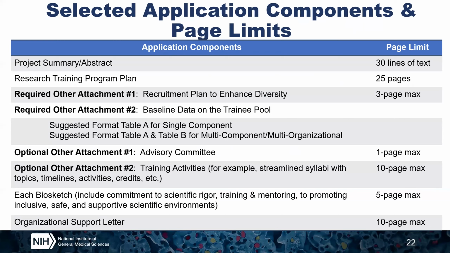The application should describe the curriculum and overall training plan, including the required elective courses, structured activities, and research experiences. The application may include additional supporting information, for example, streamlined syllabi with topics, timelines, activities, credits, etc., in an optional training activities attachment. Please follow the page limits noted here. If you go over the page limit, your application may be withdrawn prior to review.